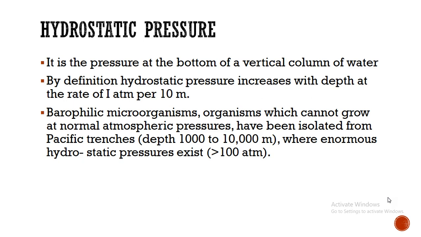So barophilic microorganisms, the organisms which cannot grow at normal atmospheric pressures, have been isolated from Pacific trenches. Depth of them is about 1000 to 10,000 meters, where enormous hydrostatic pressure exists, which is greater than 100 atmosphere. Hydrostatic pressure of the deep sea is an important factor in the occurrence and growth of marine microorganisms in this environment.